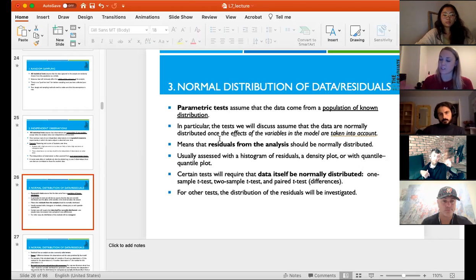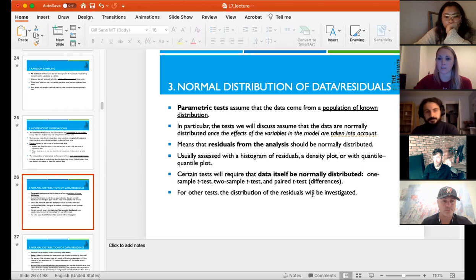This is most easily looked at with something we call a QQ plot, or a quantile plot. In just a second, I'll go into R and show you an example of this. There are some tests that require the data itself to be normally distributed, like t-tests, but for others, just the residuals will be. That's more once we get into ANOVA and regression-based things.